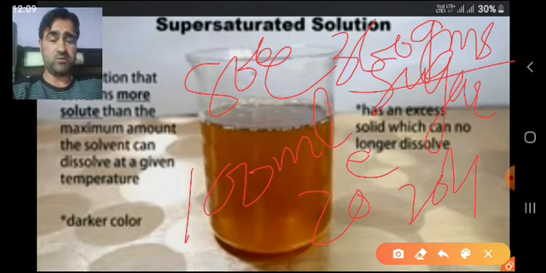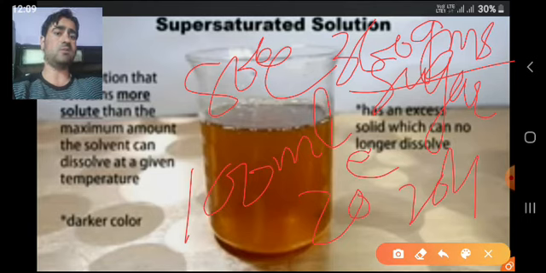So solubility generally, I say generally, increases if we increase the temperature of a liquid. So we have increased the temperature of water from 20 up to 80 degrees centigrade, and its solubility has increased.